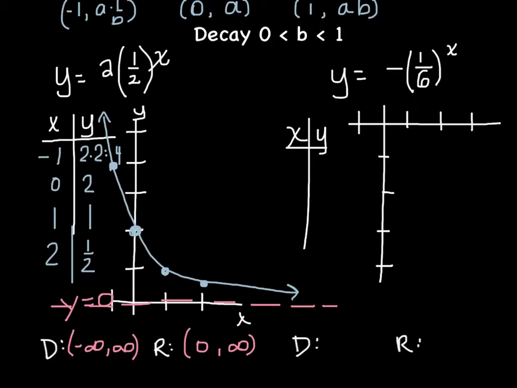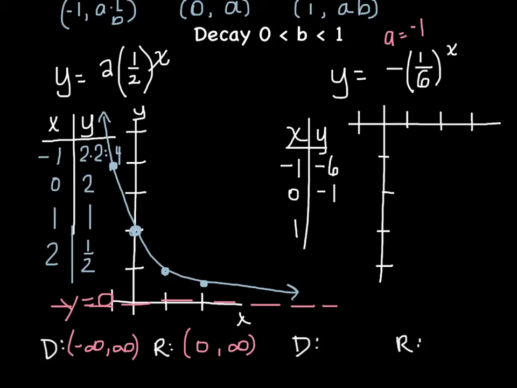Over here, let's make sure we remember that a here is negative 1. So I'm going to plot negative 1, 0, and 1. So negative 1 is a times 1 over b. So that's going to be negative 1 times 6 over 1. I'm going to plot 0, which is a.